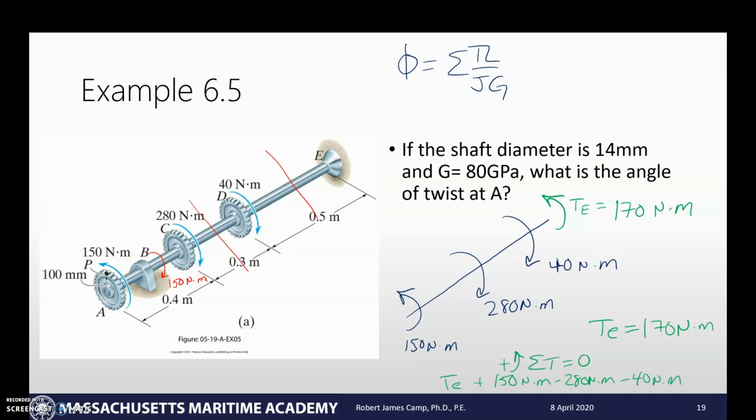So T from A to C is 150 newton meters. Everybody with me there? Now that is in the clockwise direction, and since we said counterclockwise is positive, we're going to call that negative 150.